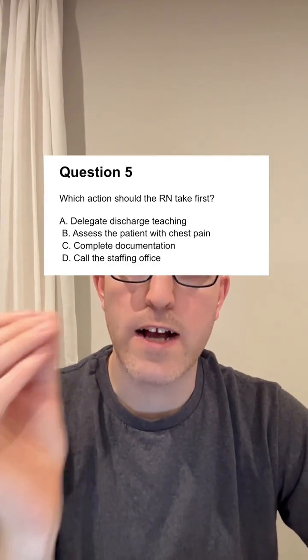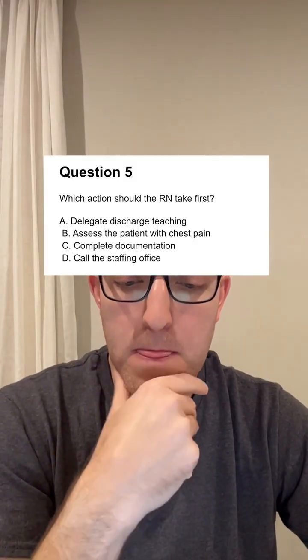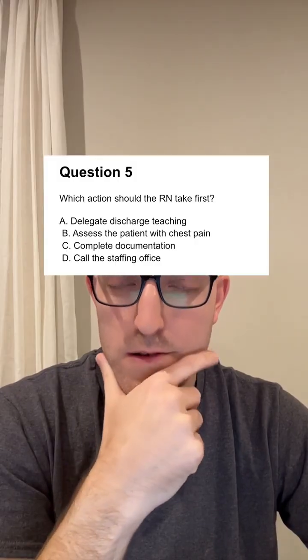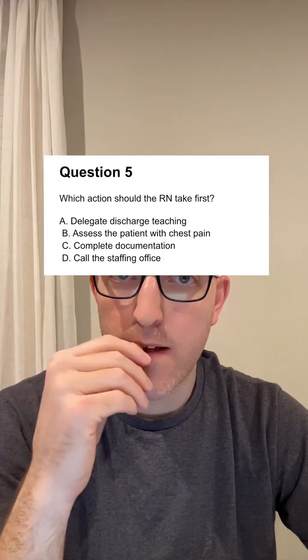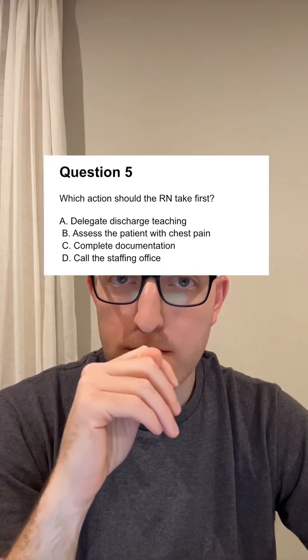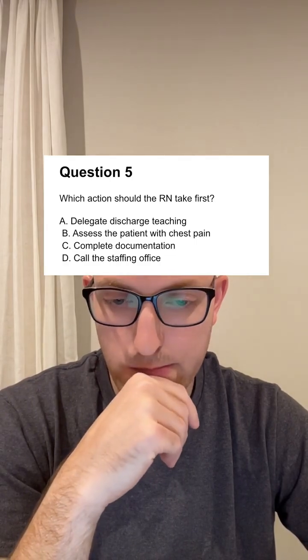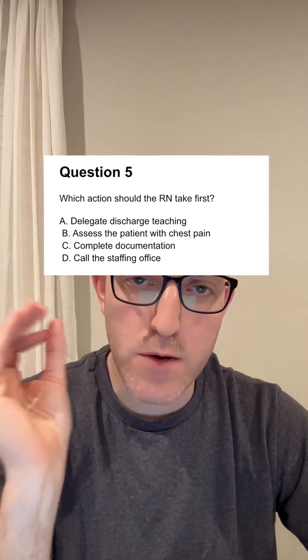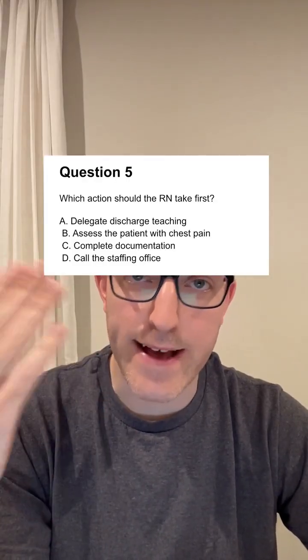Which action should the RN take first? This question is about taking action. You're going to assess the patient with chest pain because that is your job as a nurse.